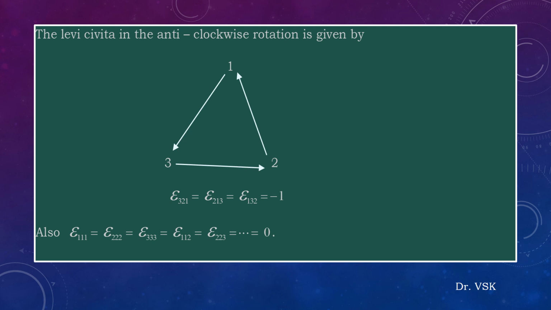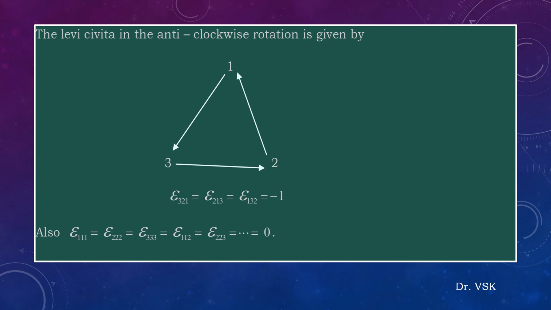If we start at the number 2 and move in the anti-clockwise direction to the number 1 and then to the number 3, then epsilon suffix 213 equals -1.